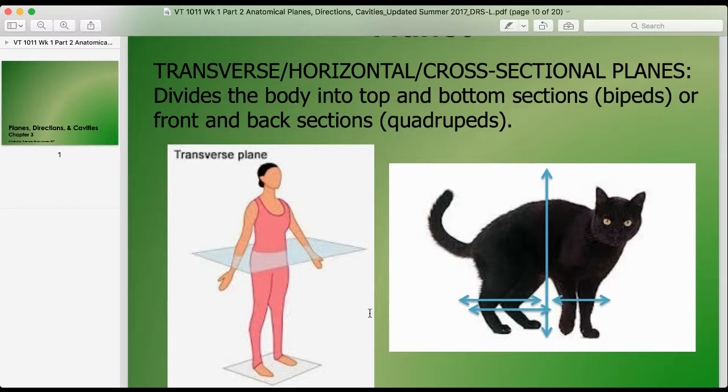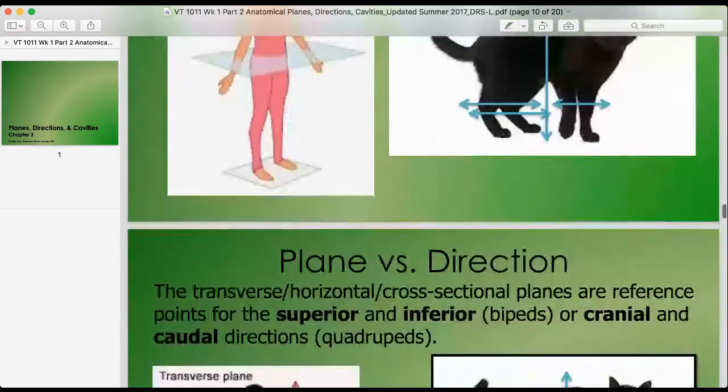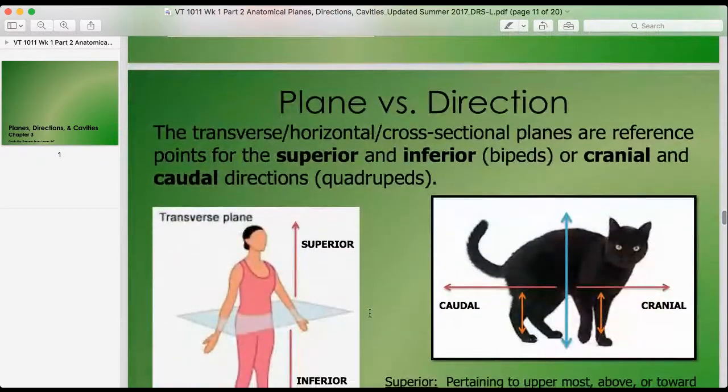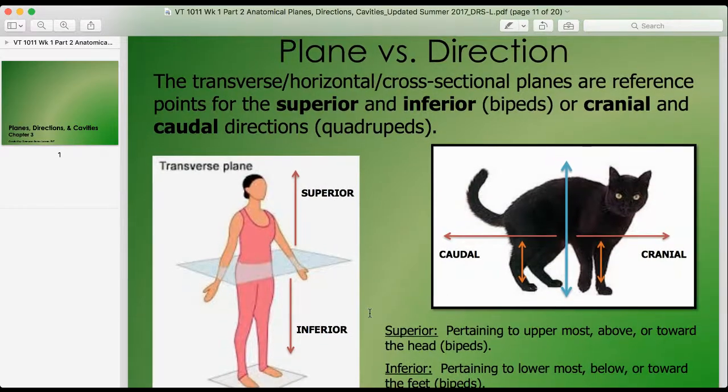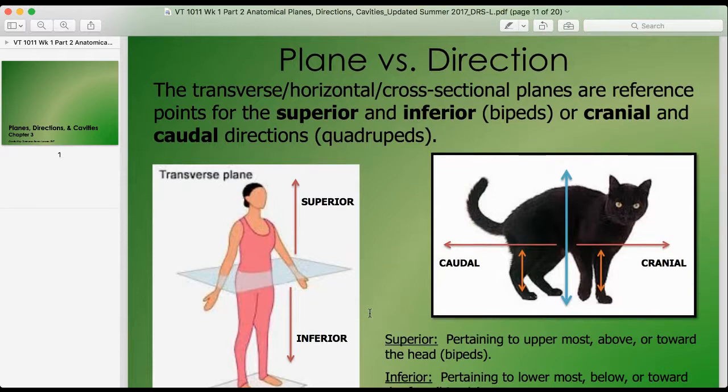And you can also see that we can have transverse planes and horizontal planes on our legs. So the transverse and horizontal cross-sectional planes, they're reference points in our superior and inferior bipeds. They are reference points, or they're cranial and caudal. So notice cranial toward the head, the cranium, caudal toward the tail, the caudal area of your patient.